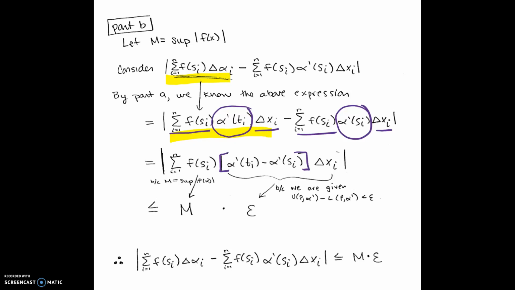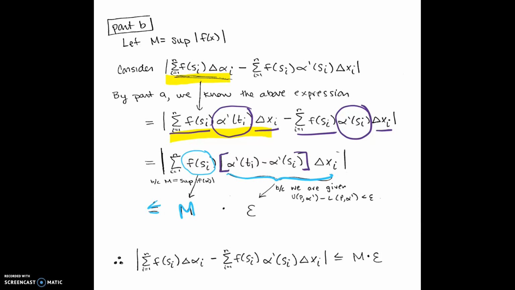Now we're going to look at what this has to be bounded by. In the beginning, we said that M is the sup of the absolute value of f of x. So no matter what si is, it has to be less than or equal to M. So we can say that this expression has to be less than or equal to M. And then the second half of this expression, we know from what we're given in the beginning of the proof that the upper sum of P alpha prime minus the lower sum of P alpha prime is less than epsilon.